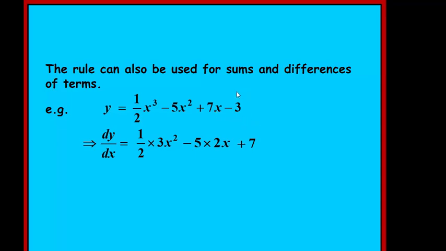And the 3, well, remember, if it's y equals minus 3, it's a horizontal line with a gradient of 0. So 0 for that one. If we then tidy it up, we end up with this.